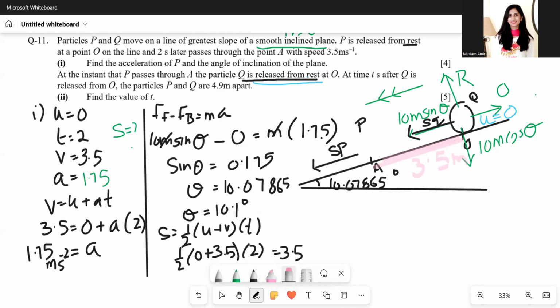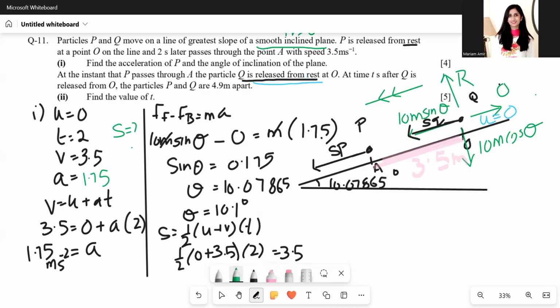Let me replace these circles with dots, because the bigger I make the circle, the weirder the figure would look, and the equations might not make a lot of sense. So this is the distance covered by particle Q, and this is the distance covered by particle P. And at the instant t, these are 4.9 meters apart.